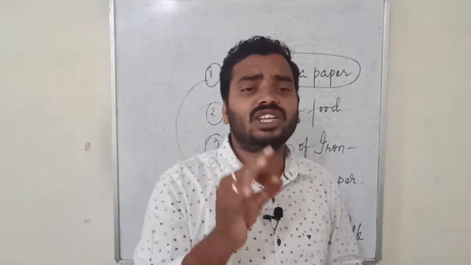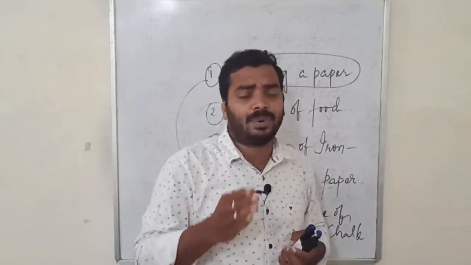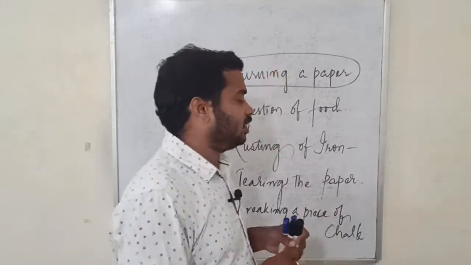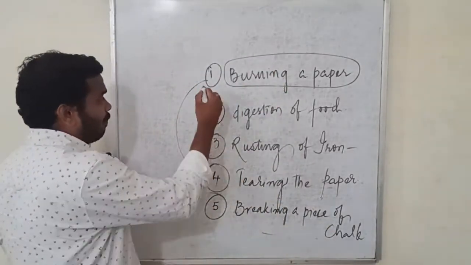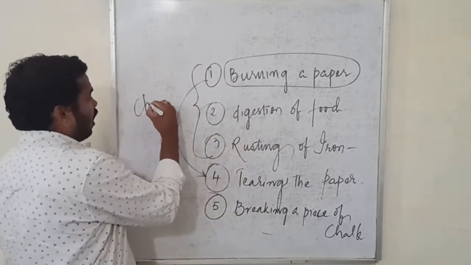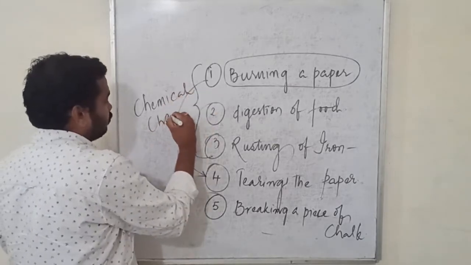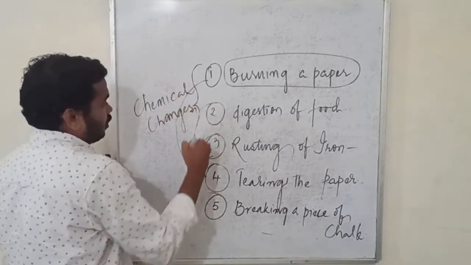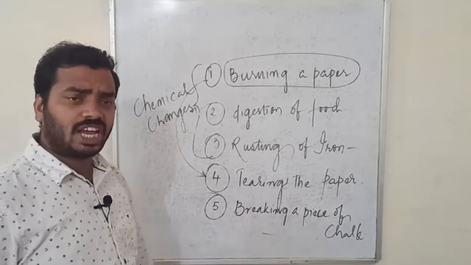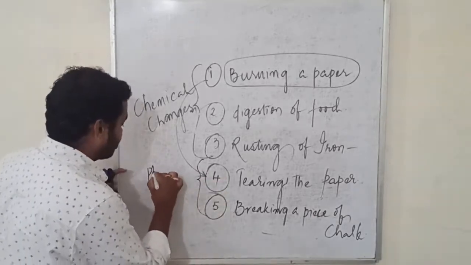If there is any change in the original substance after a process has happened, then such change is called chemical change. In these 5 examples, the first 3 listed are chemical changes, whereas the 4th and 5th examples are physical changes.